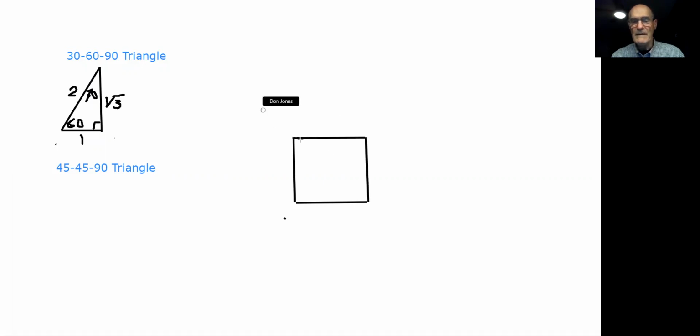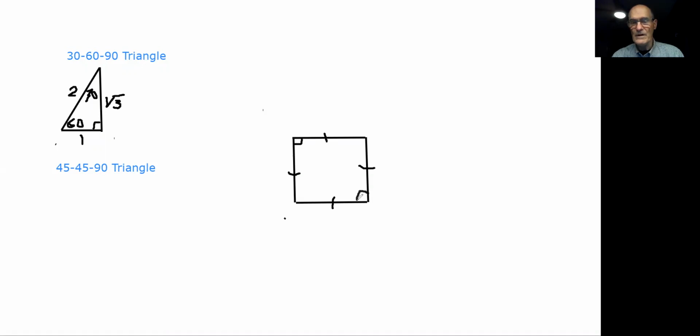All right, now I know this is a square because I have a right angle here, and each one of these sides is equal. They're congruent, okay? And since they're congruent, remember opposite sides are parallel and congruent, then that means all the angles are 90. This one's a 90.